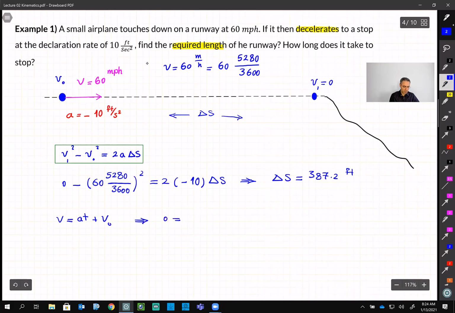So V is 0, acceleration is minus 10, we are interested in finding out time, and we have the V0, which is this number. If you notice, I haven't calculated V when I convert it. I try to carry all these numbers and put them in my calculator so I get a more accurate result. Especially for something like time, where the small digits also matter. 8.8 seconds, right?